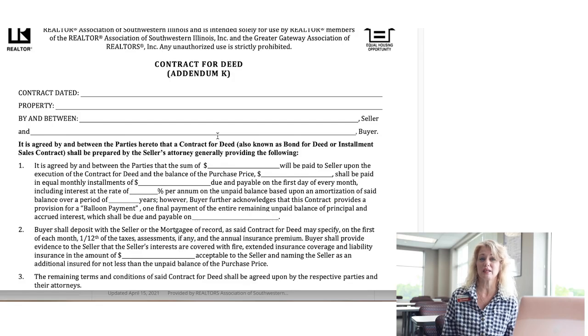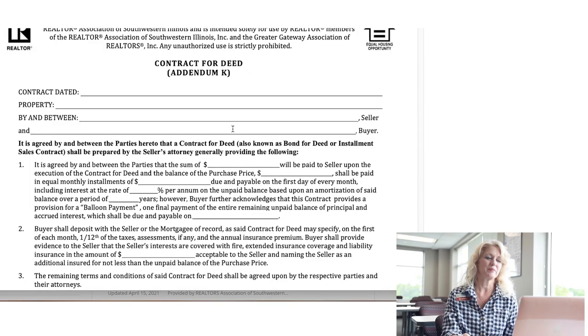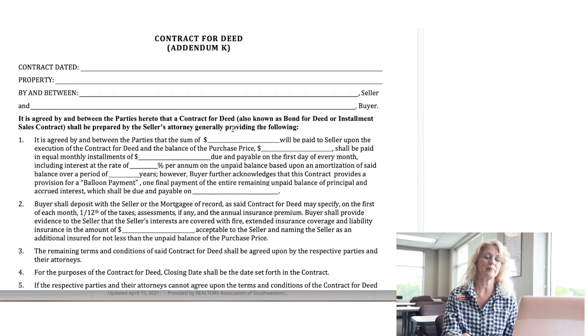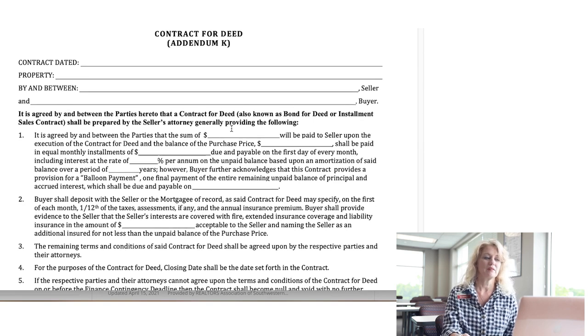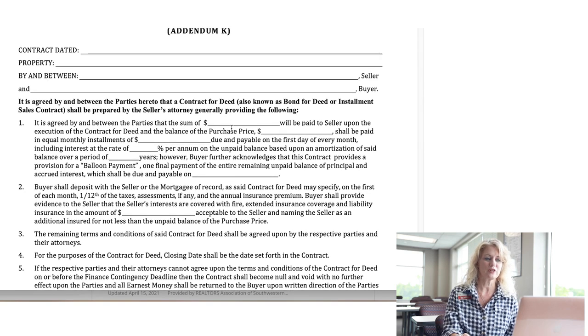So a significant amount of a down payment. A lot of times 10% or 15% is used, but that's not a rule. Everything's negotiable, right? And then the buyer would make payments to the seller on a monthly basis as if the seller was the mortgage holder.